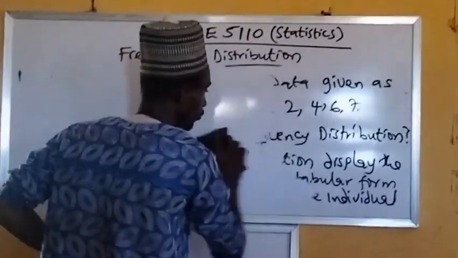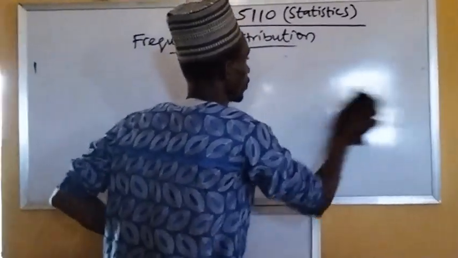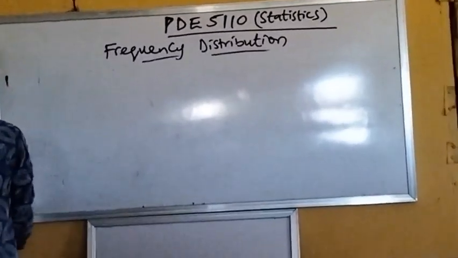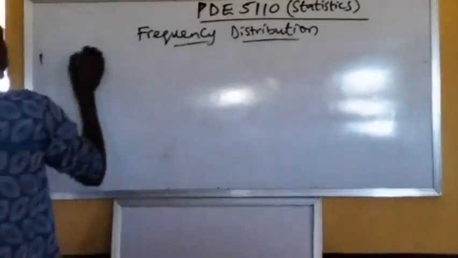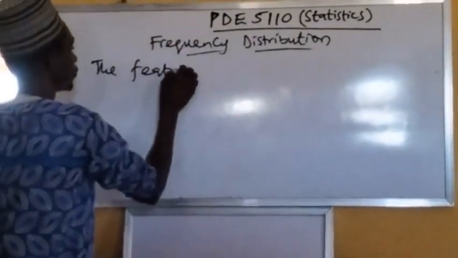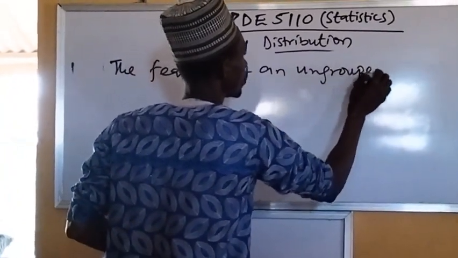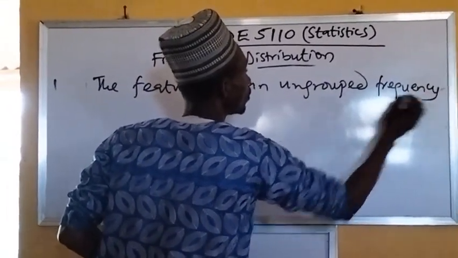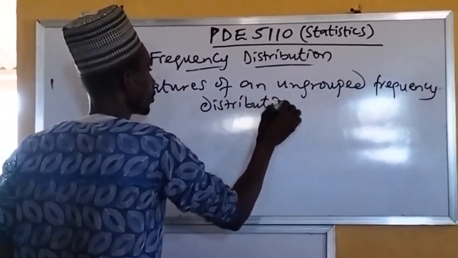The features of ungrouped data or ungrouped frequency distribution.